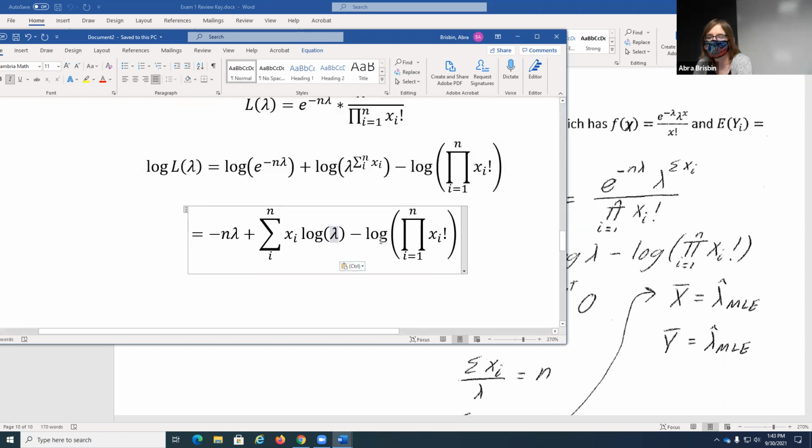And I'm not going to bother simplifying this log of the product of the x sub i's factorial, because again, all we care about is maximizing this with respect to lambda. So we're going to take the derivative with respect to lambda. So we know that this log of this thing that doesn't involve lambda, the derivative of that is going to be 0. So we don't really need to simplify it at all.